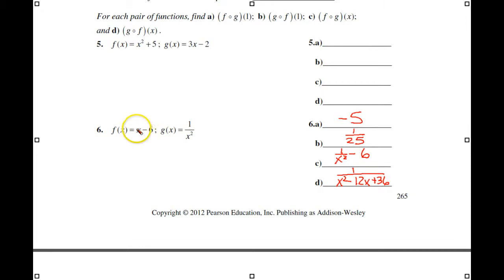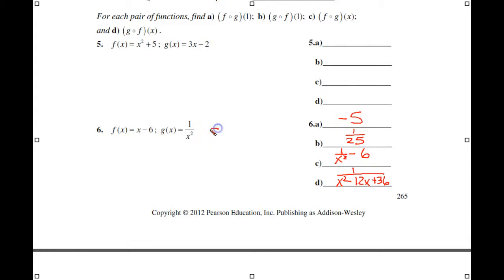So we then bring that in here, that new value 1. 1 minus 6 is negative 5. Now we're going to reverse it. We're going to take the 1, but put it in our f function first. So 1 minus 6 is a negative 5. So this is a negative 5 here.